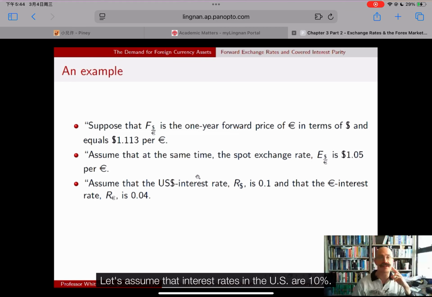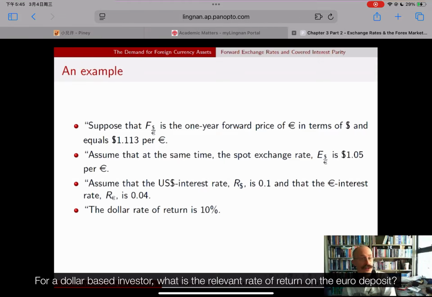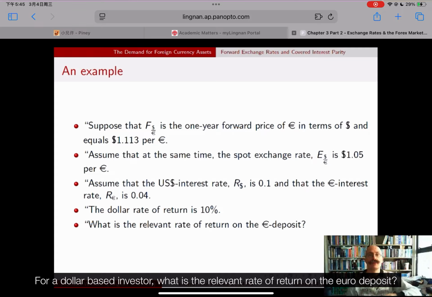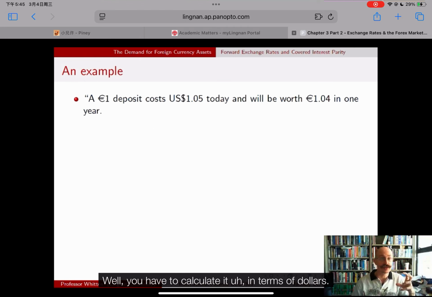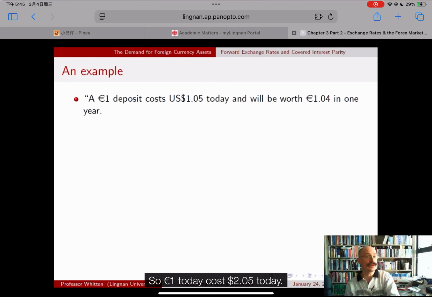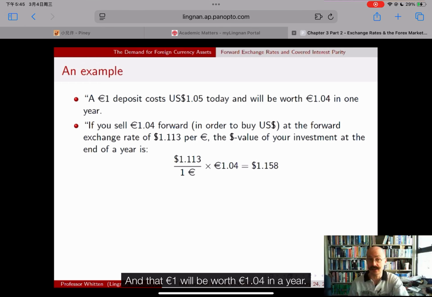Let's assume that interest rates in the US are 10%, interest rates in Europe are 4%. So the dollar rate of return is 10% for a dollar-based investor. What is the relevant rate of return on the euro deposit? Well, you have to calculate it in terms of dollars. So €1 today costs $1.05 today, and that €1 will be worth 1.04 euros in a year.